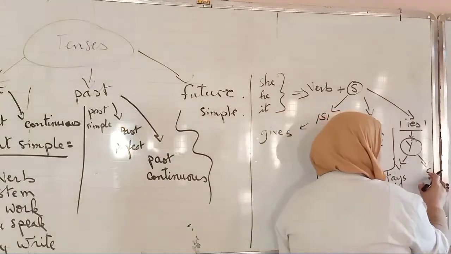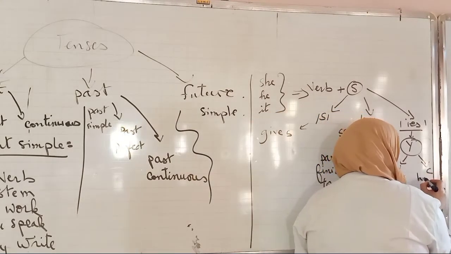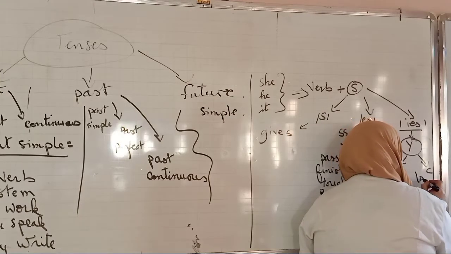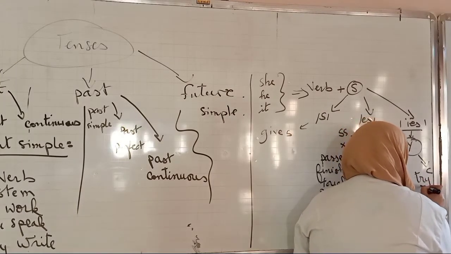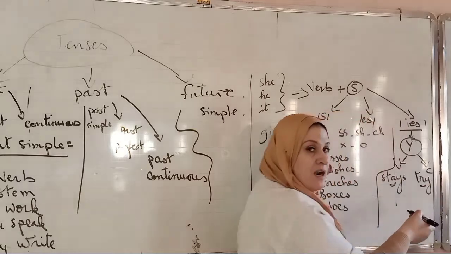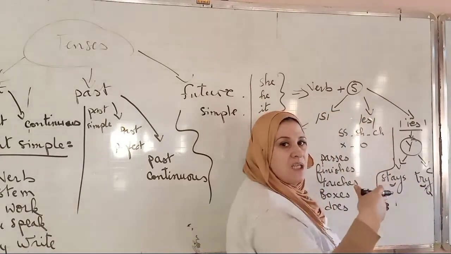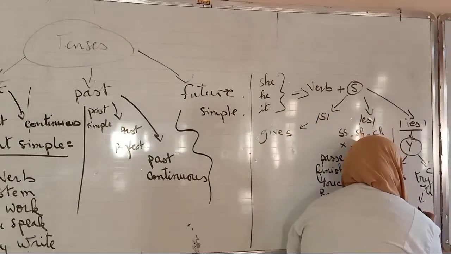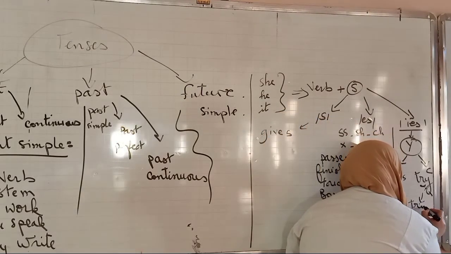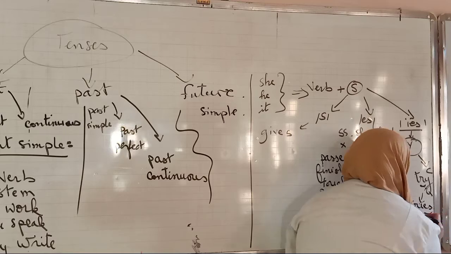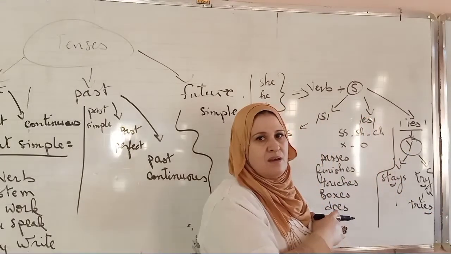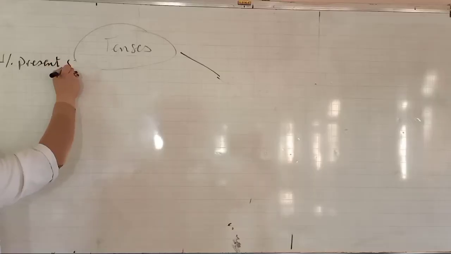When it is preceded by a consonant, like for example in try, this is my consonant, what do I do here? I drop the y and I put ies, like this. Tries. This is the form.